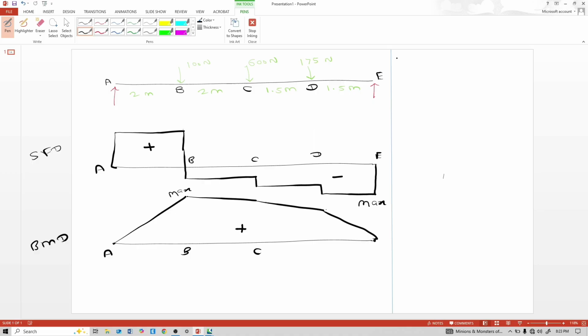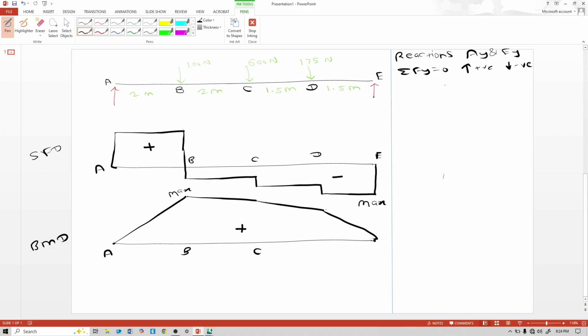So first calculate the reactions. Which reactions? AY and EY. For that we will consider summation of forces in the y direction equal to 0, equilibrium. So 100, 600, 175. Vertical direction force we consider positive and downward direction negative.